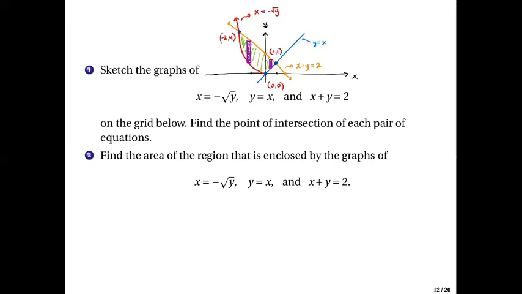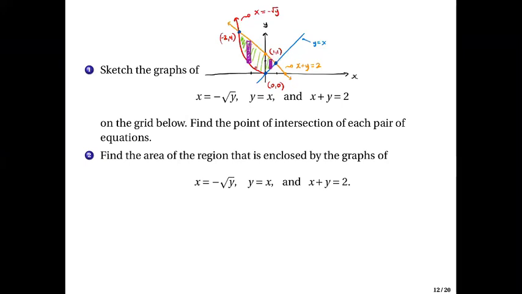Okay? So you will have two integrals with two different intervals. Even if you do this horizontally, for example, you get this horizontal strip here. The right function is the yellow line, while the left function is the parabola.